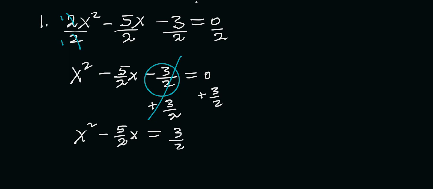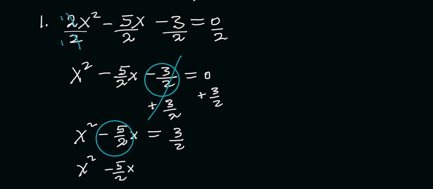Good. So now the next step is to divide the coefficient of x by 2. The coefficient of x, as you can see, is negative 5 over 2. So let's divide that by 2. If we do, then the equation becomes x squared minus 5 over 2x.